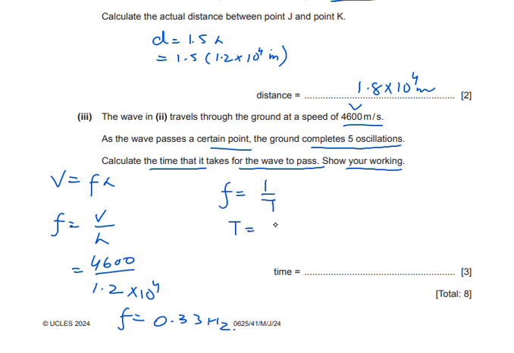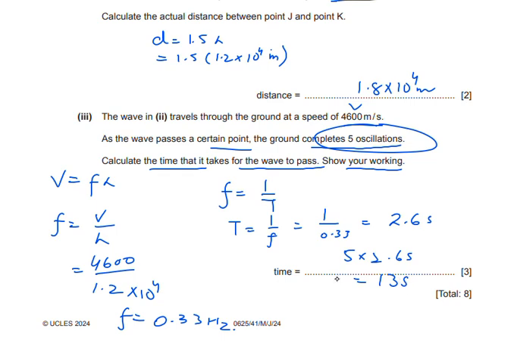The time period is 1 by f, so 1 by 0.33 gives the time for one wave to pass through. Actually we have 5 waves, so we need to find the time for 5 waves, which is about 13 seconds. So the time required to complete 5 oscillations is 13 seconds.